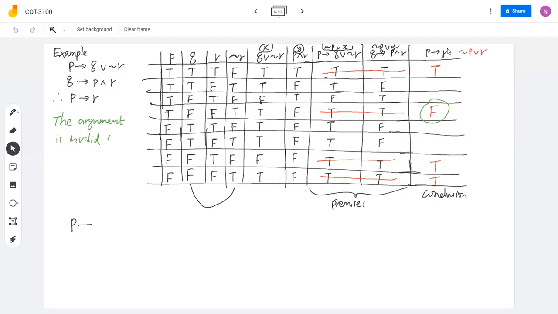That means P can either imply Q or imply not R. If not R is false, then P must imply Q. If not R is true, then it may imply Q or may not. Okay. So we have 2 branches.